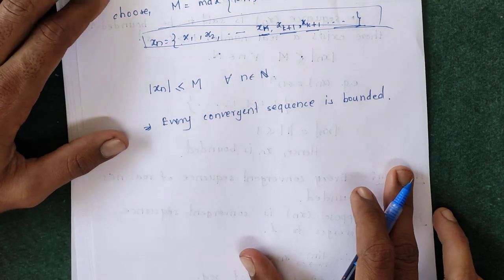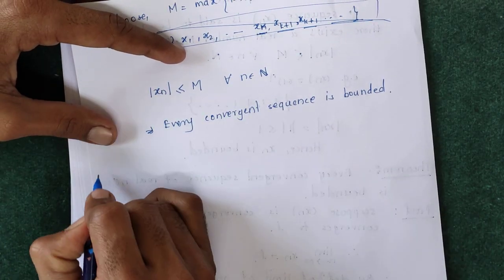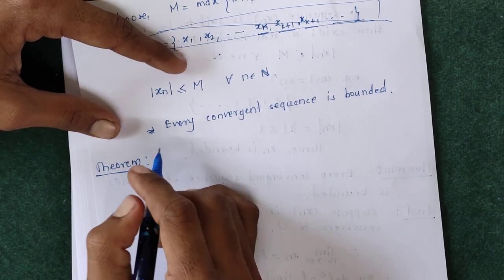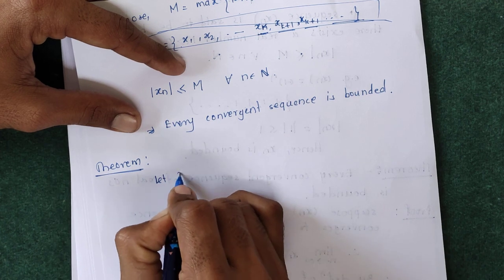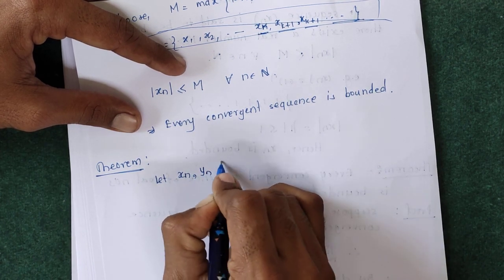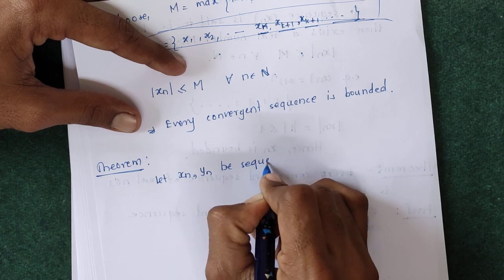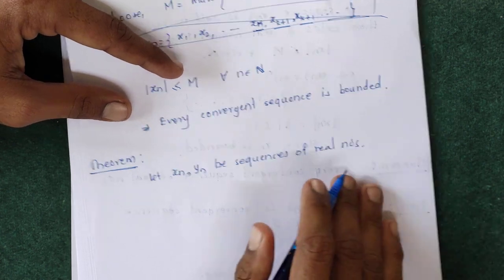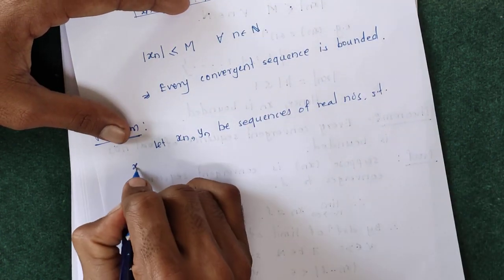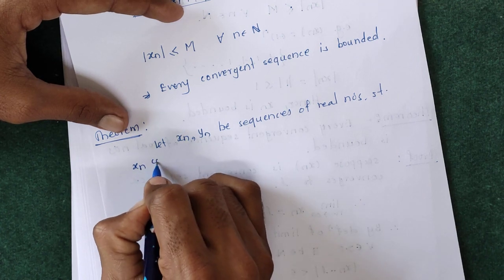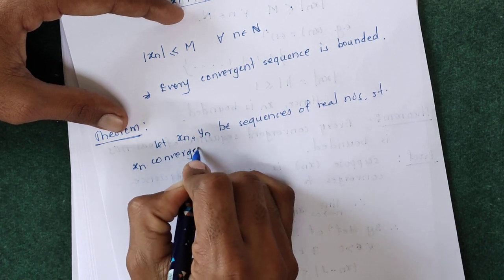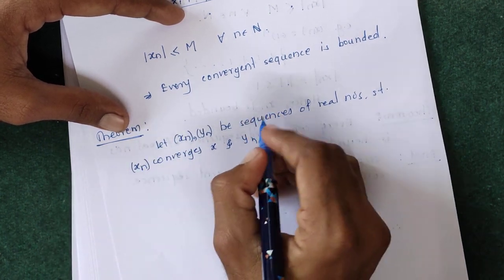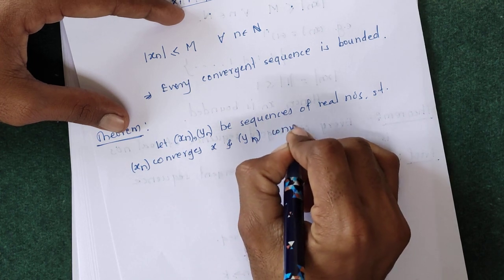Now the next is the sum, difference, product and quotient of sequences. This is another theorem. There is no need to prove this. Let xn, yn be sequences of real numbers such that xn converges to x and yn converges to y.